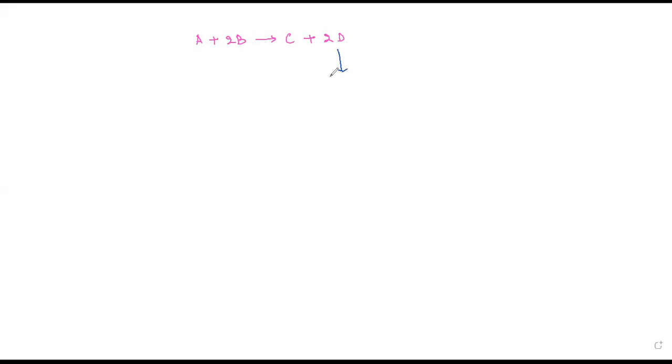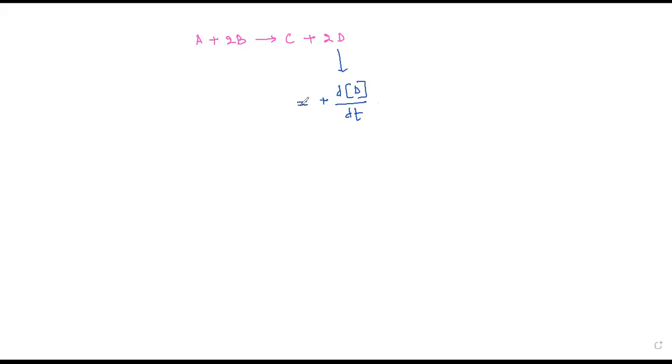With respect to this, rate of appearance of D can be written as plus d concentration of D by dt, taking the instantaneous rate into consideration.